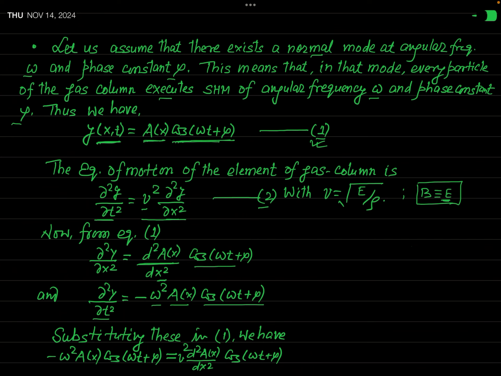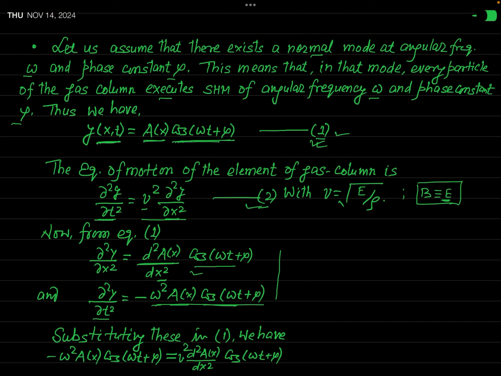Okay. Now after getting these two partial derivatives, let us substitute them into this equation number 2. Okay. So instead of del 2y by del t square, now you have to write this much, and instead of this del 2y by del x square, you should write this much. Okay.